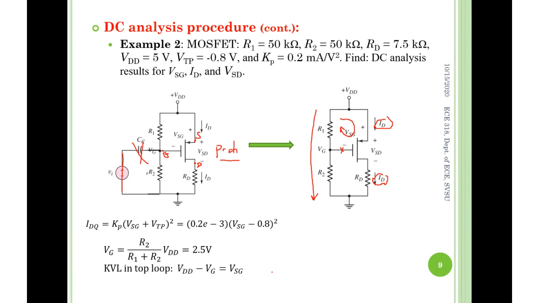All right, let's see these two equations, the voltage divider and the VSG loop KVL. Take a look at the solution here and compare with yours. Any questions here?